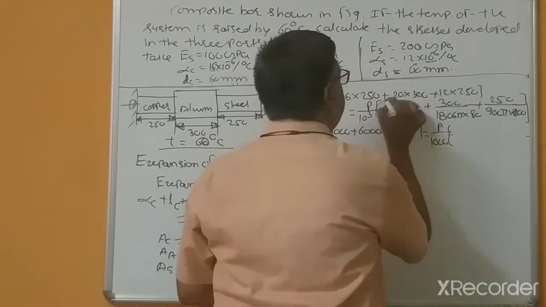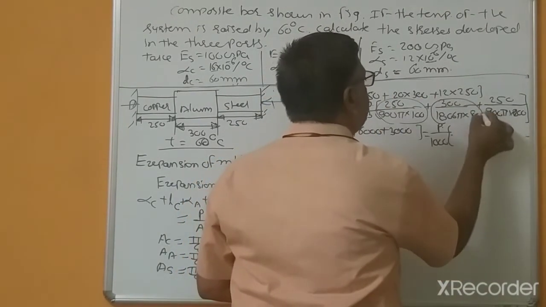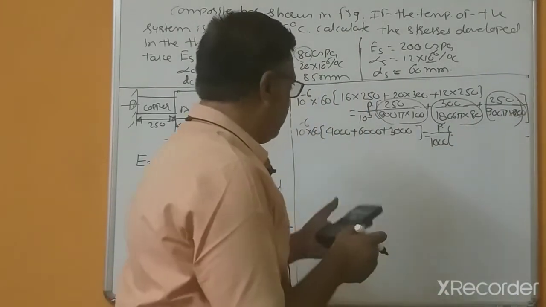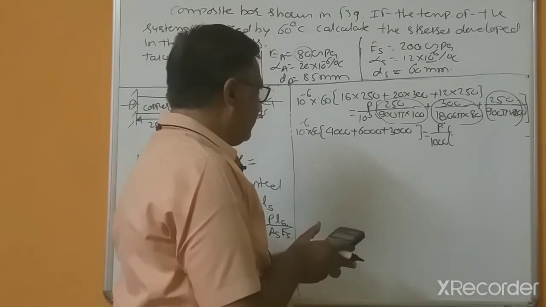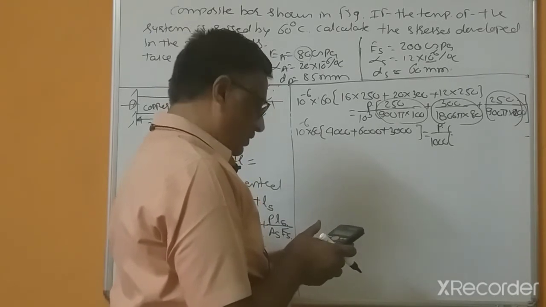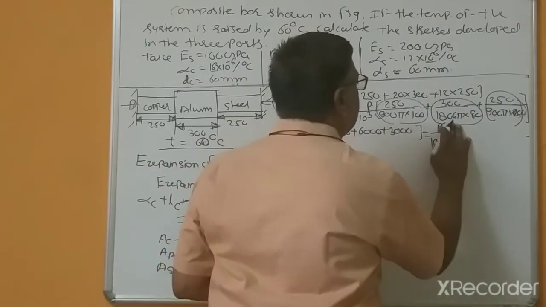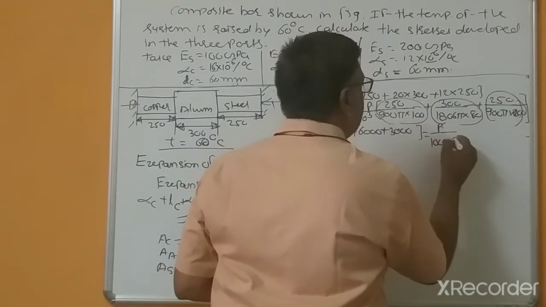So we'll solve all terms separately, otherwise complications increase. 250 divided by 900 by taking common, this is pi.